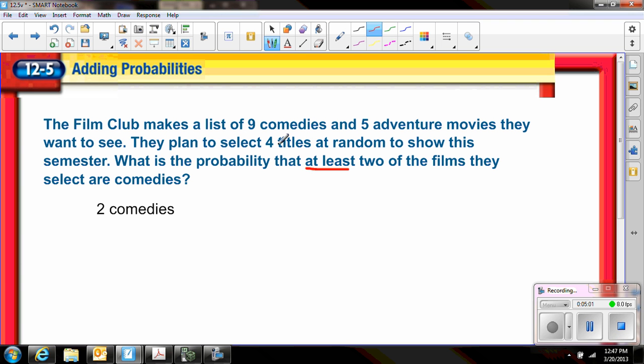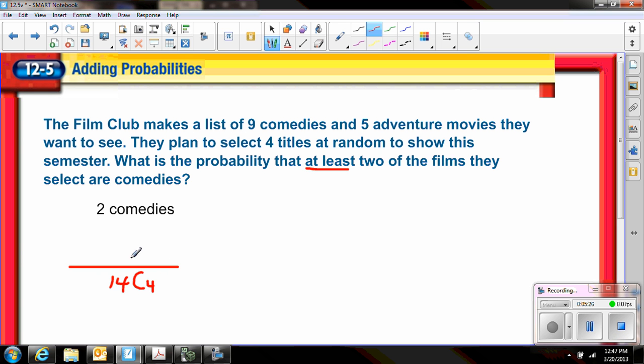We're selecting 4 of these titles. Now, because they are not talking about a particular order they have to be watched in, this is a combination. So I'm going to take 14 movies, and I'm going to choose 4 of them. This here represents the total number of movies that can be viewed during this semester. So that's the total number of outcomes that we're looking for.